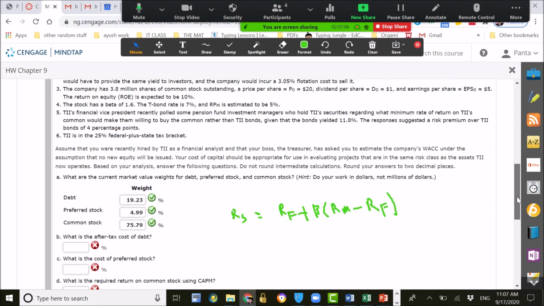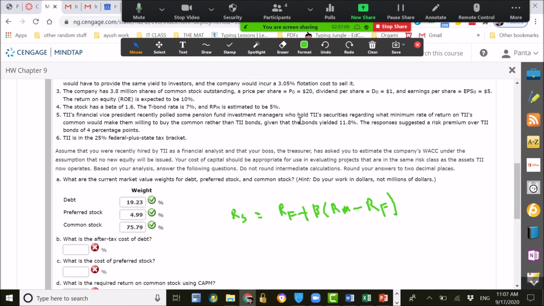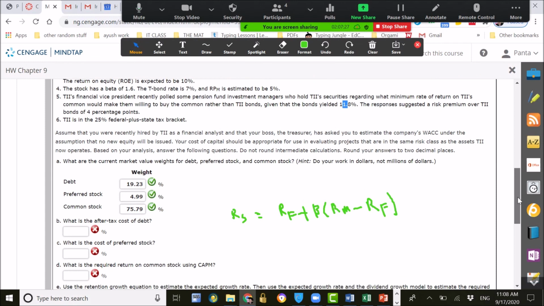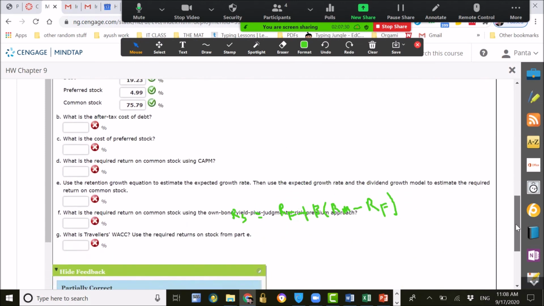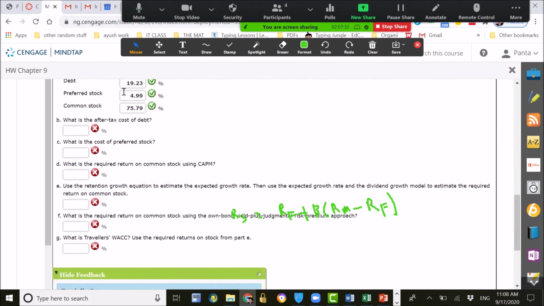If you look at the information here, the bond yield is 11.8%, and then this premium is 4%. So 11.8% plus 4% is 15.8%. The rest of the calculation takes a little bit of work, and the last one you have to combine everything.